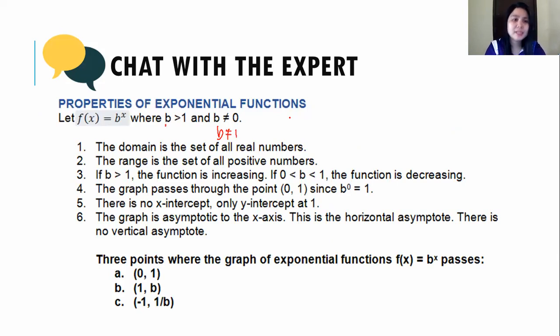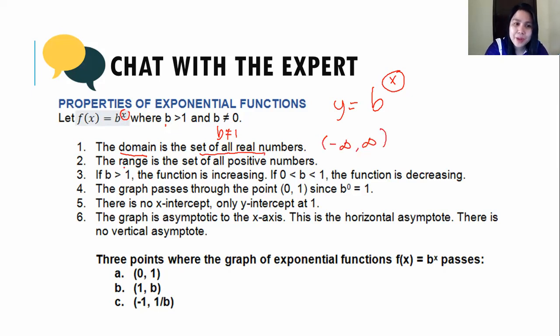Now, here are some properties. The domain, your x here. The value of your x can be any number. So we say that our domain is the set of all real numbers from negative infinity to positive infinity.